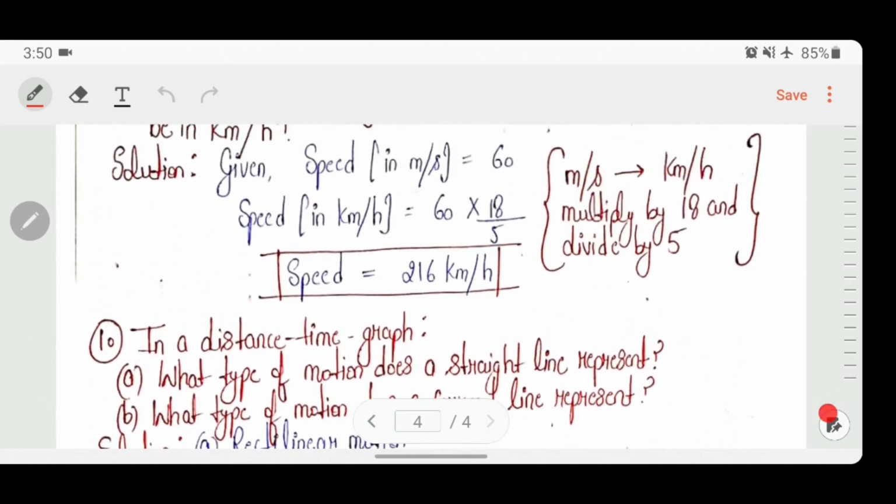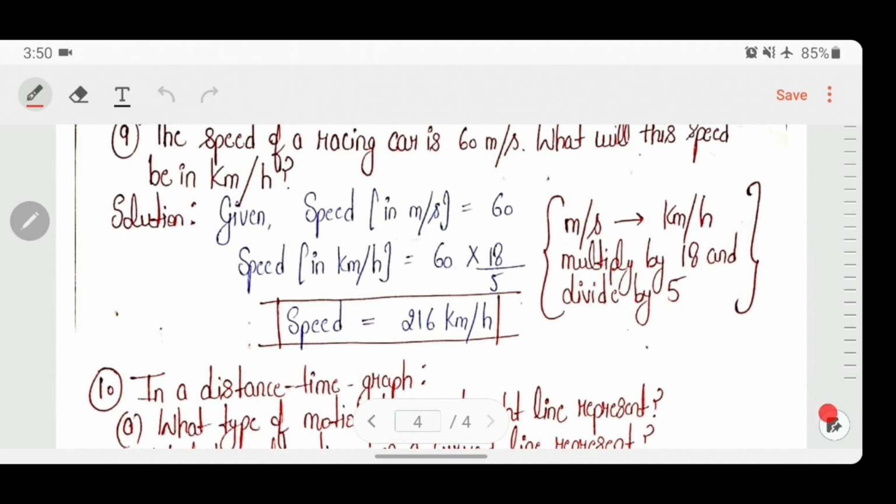In the next numerical, the speed of a racing car is 60 meter per second. What will this speed be in kilometer per hour? This is the opposite of numerical 8. In numerical 8 you were given the speed in kilometer per hour and had to convert it into meter per second. But in this question the speed of the car is given in meter per second, and you have to convert it into kilometer per hour.